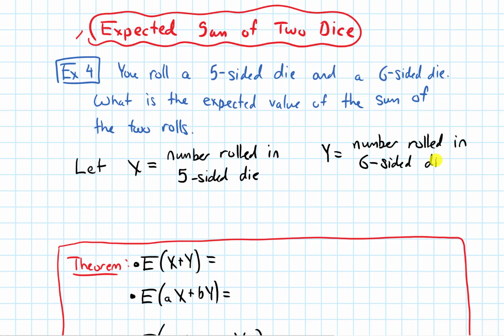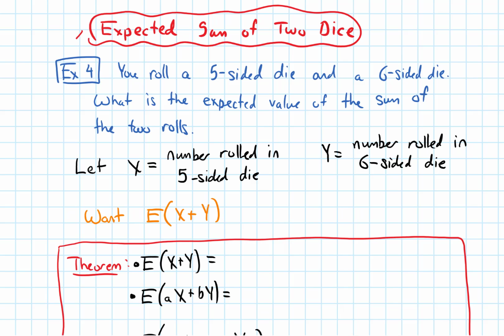So we're going to introduce two random variables here, one for each of these dice. What the question wants is the expected value of the sum of the two rolls, in other words, the expected value of x plus y.